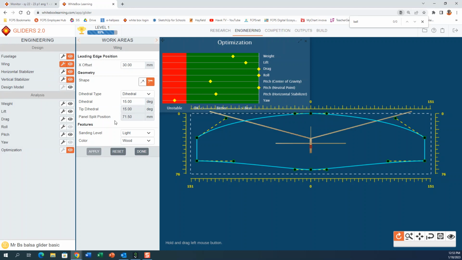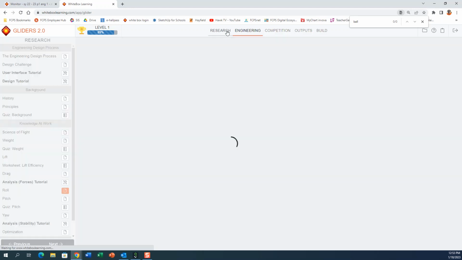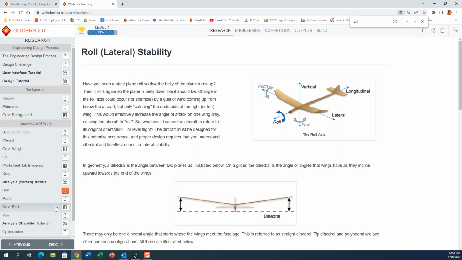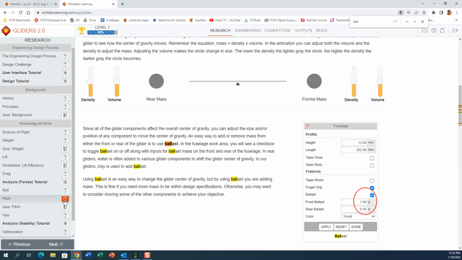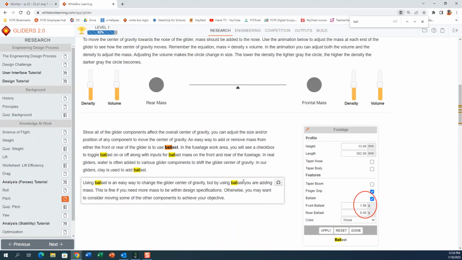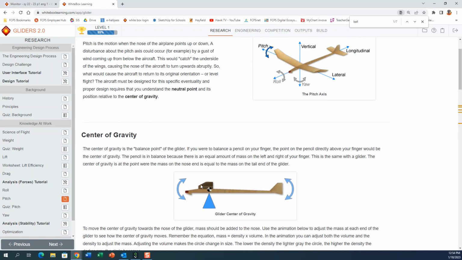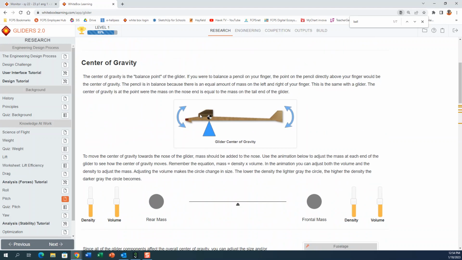Well, pitch. What is pitch? Just to remind ourselves, hop over to the research section. Pitch is the tendency of our nose to either want to go down or go up, okay? What we really want is a plane that naturally flies straight and level.